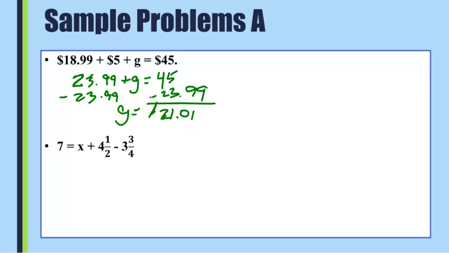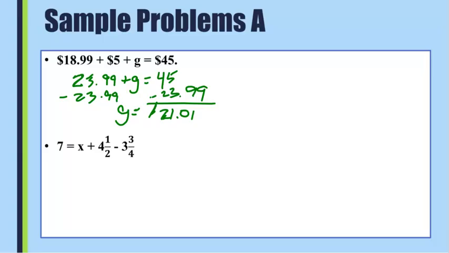Next, here I have 7 equals x plus 4.5 minus 3 3/4. So if I want to have common denominators, this would be 4 2/4 minus 3 3/4. Now I'm going to put this in improper fractions to make it a little bit easier.